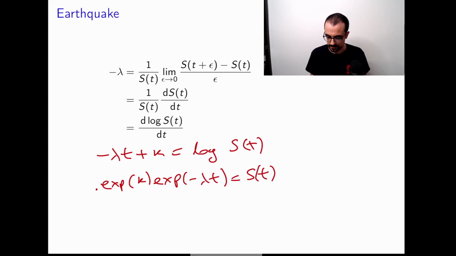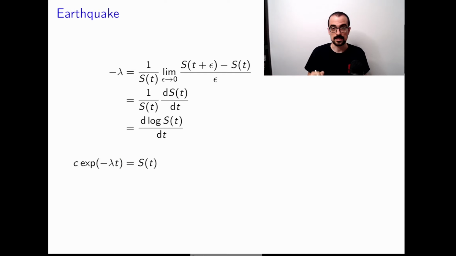And we're going to call this some constant c. Okay, this is just basic calculus. We have found that a consequence of the assumption that we made is that the survival function is an exponential, which means that the CDF is 1 minus an exponential.